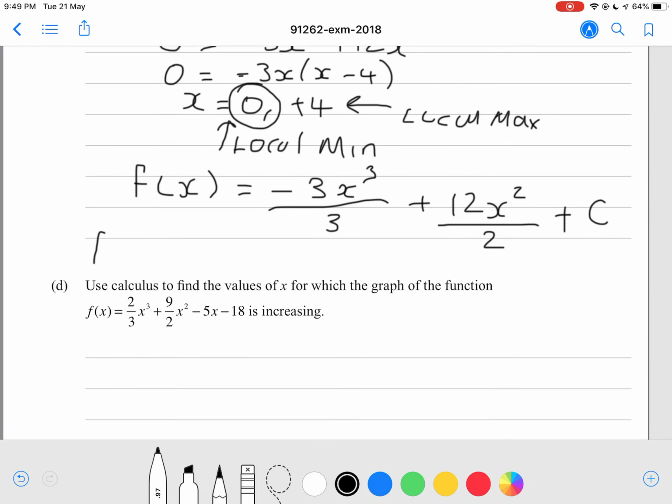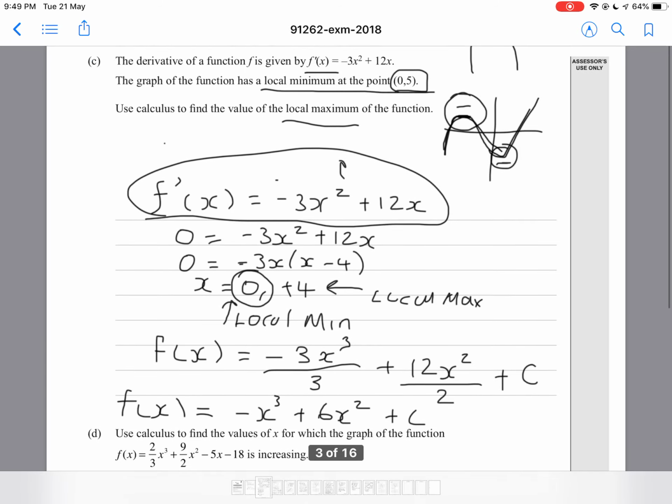If we simplify this, f of x is equal to negative x cubed plus 6x squared plus c. We don't know what the c is, so now we're going to try to find our c.